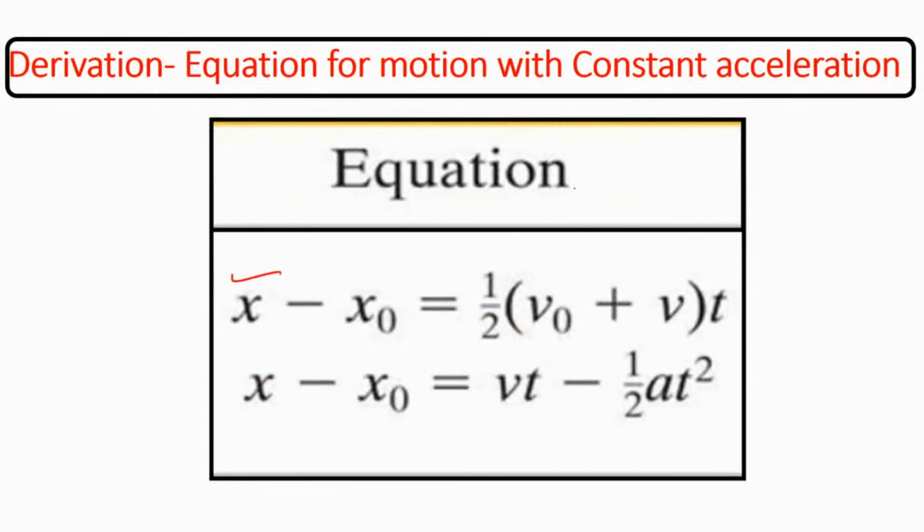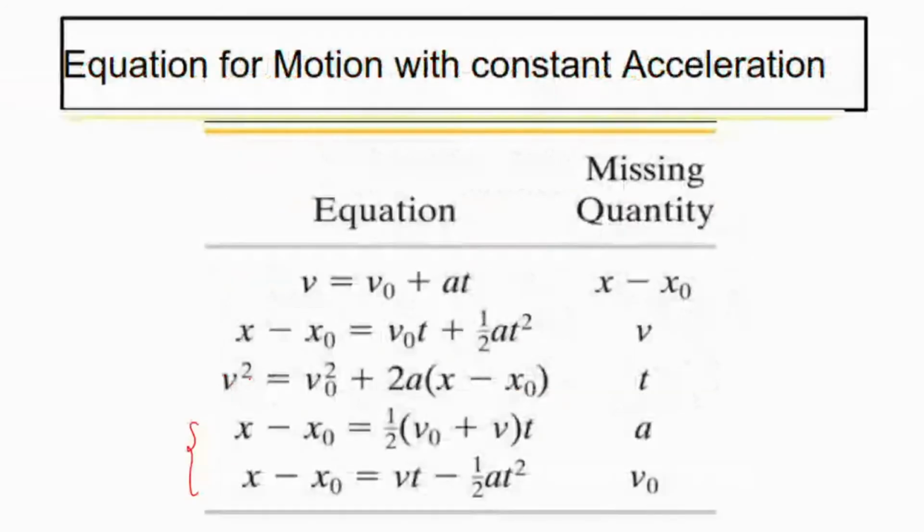For the second one, what I'm going to do is take the first equation as well as the second equation. So better I can write this equation here. The first equation is v equal to v0 plus at, where v is the final velocity and v0 is the initial velocity, a is the acceleration, and t is the time.